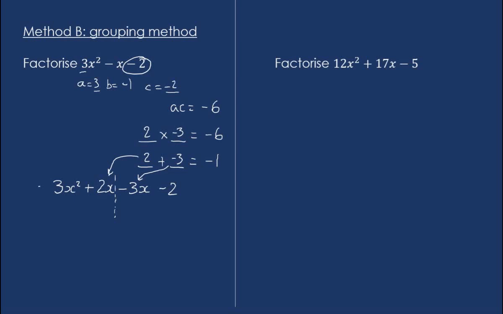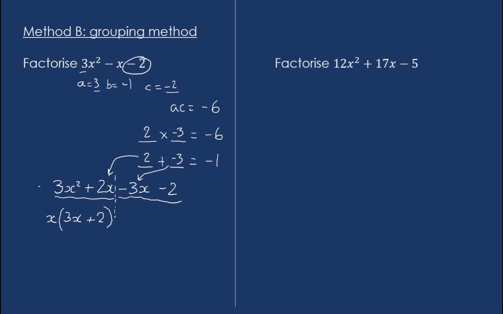Okay, so looking at this expression here, what's common to both terms? There's only x common in both of those. What do I times x by to get 3x squared? 3x, and I times it by 2 to get 2x. Okay, now we're going to do the same thing to this half.